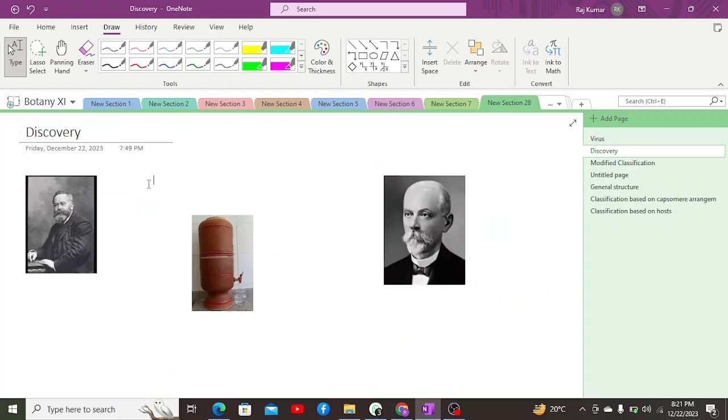Now coming to the discovery, it is based on a number of things. First and foremost, in the early age, there was an assistant of Louis Pasteur known as Charles Chamberland. Charles Chamberland invented a filter known as the porcelain filter, a porcelain water filter, or we can also call it the Chamberland Pasteur filter.